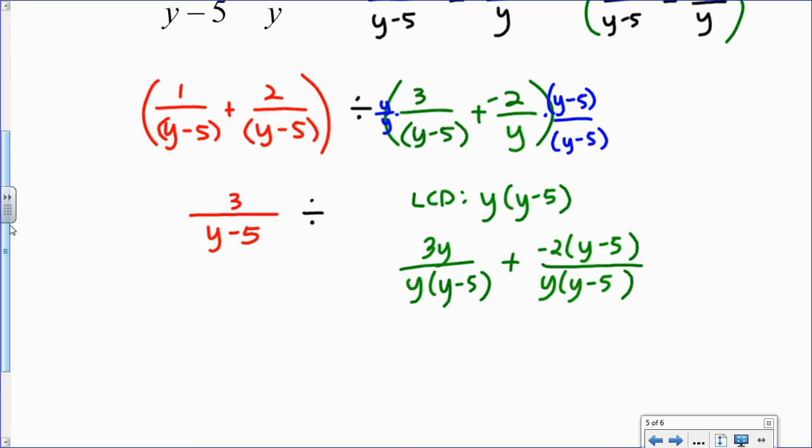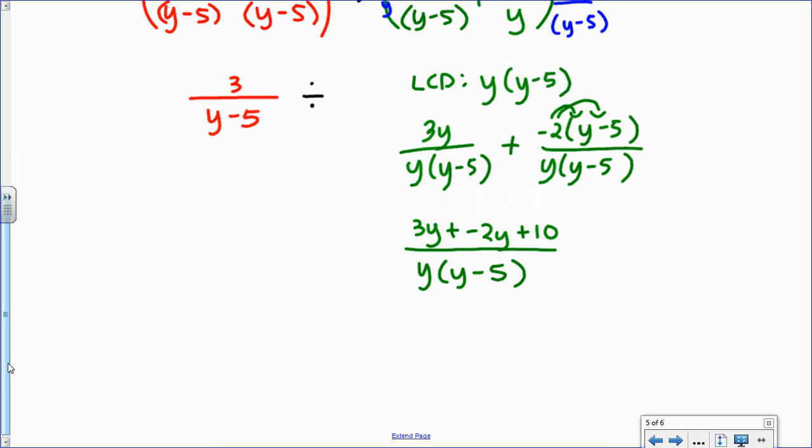So I can put them together now that I have a common denominator. So 3y plus negative 2y plus 10. You could just write 3y minus 2y too. You don't have to do plus and negative. So that's y plus 10.